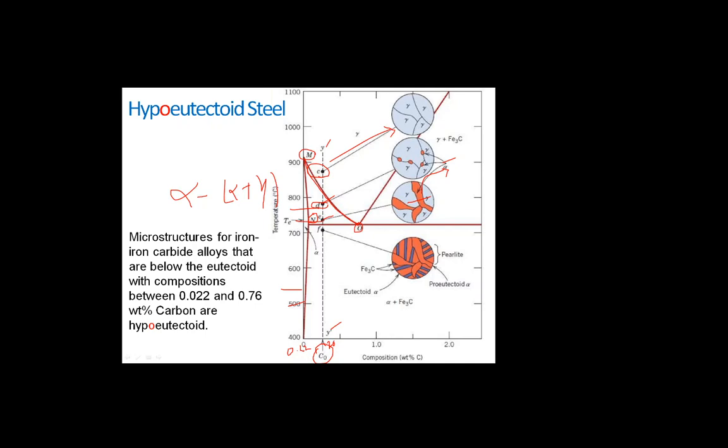So the alpha phase will contain 0.02 weight percent carbon, while the gamma phase will have the eutectoid composition, 0.76 weight percent carbon. This is how we can find out the microstructural changes.